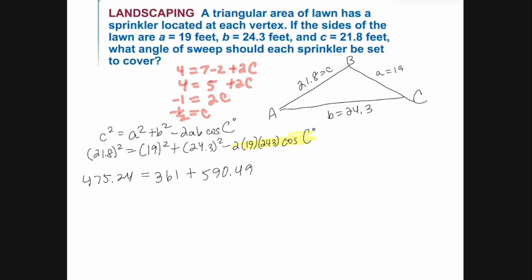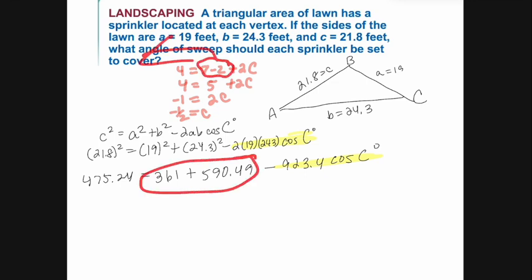Do negative 2 times 19 times 24.3 and set that on the cosine of C. Okay, this is still stuck together. So just like this equation up here, where I can put the 7 and 2 together and then move it, I can put these two together and then move it. This is its own independent thing.